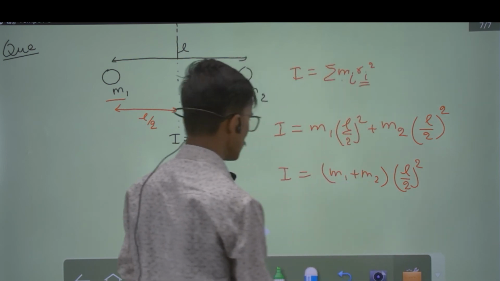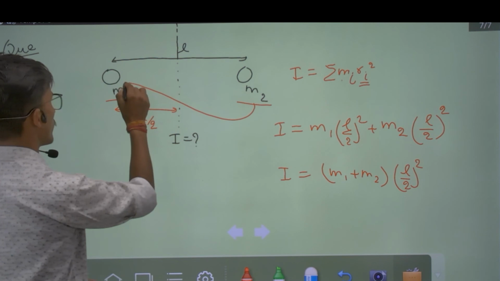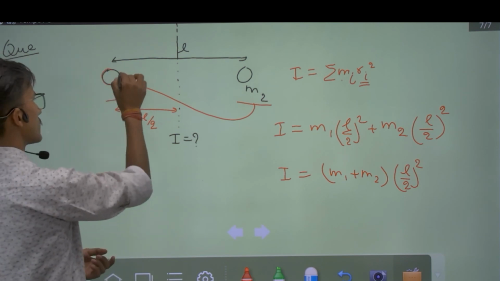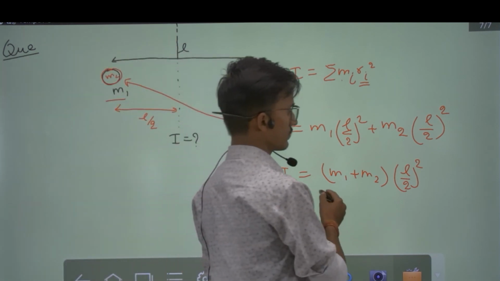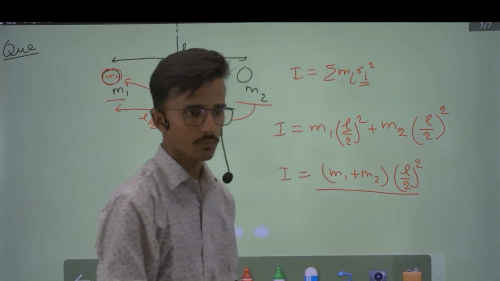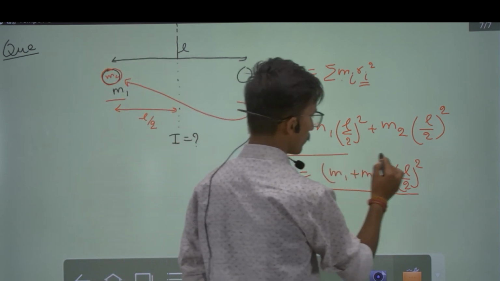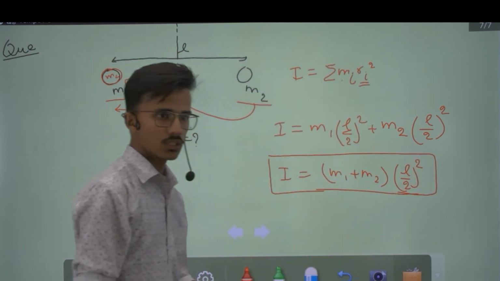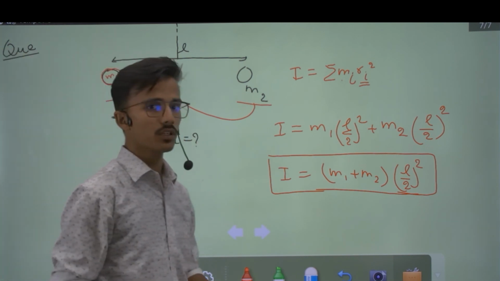Okay. Now tell me, if this m2 was at the place of this m1, both at the same place, then your answer will be this as well. So this is the property of moment of inertia. If you are moving your mass without changing the distance from the axis, then the moment of inertia will not change.